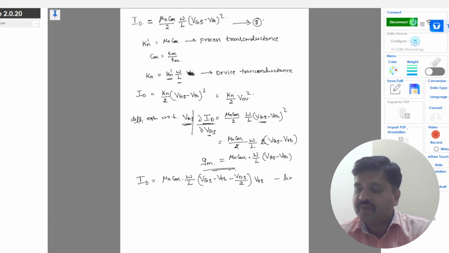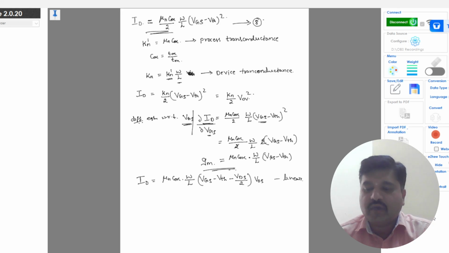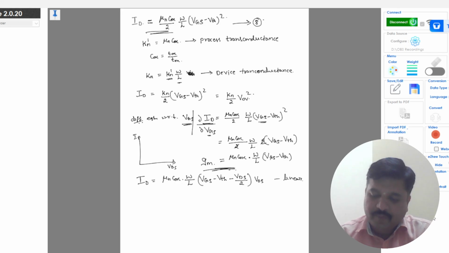This is the linear current equation, and what we have processed now is basically the saturation current equation, right? This is VDS and ID. So basically we determined the transconductance in this region.